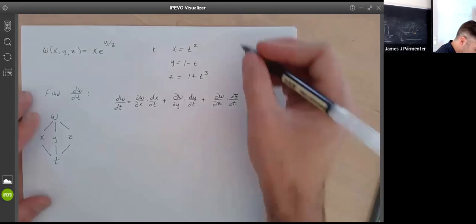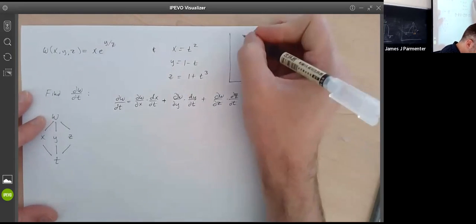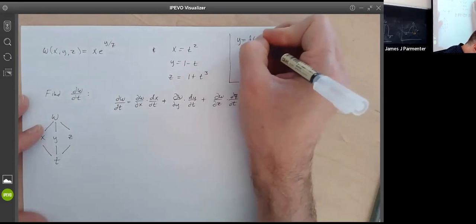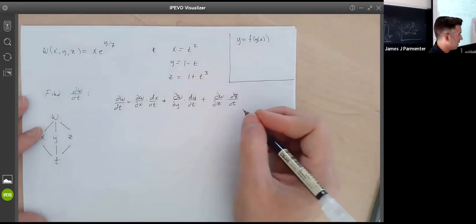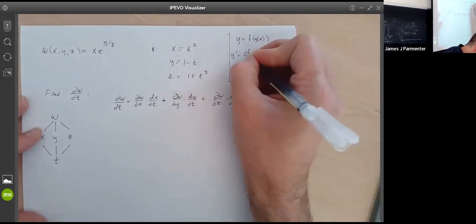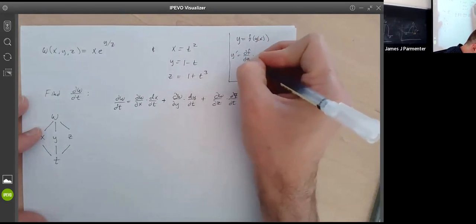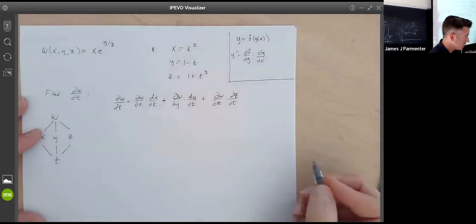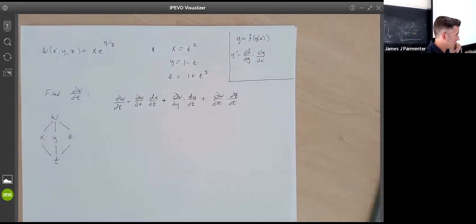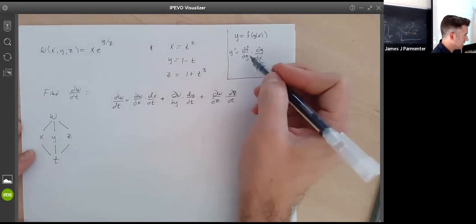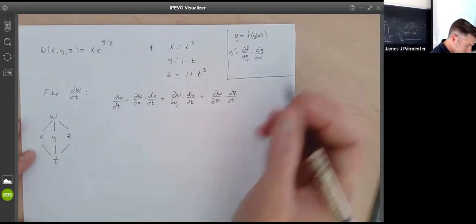If you know that you have y equal to f of g of x, and you're trying to find y prime, it's df dg times dg dx. Derivative of the outer function, leave the inside alone, multiply by the derivative of the inside function. And again, you could think of the dg's canceling and getting df dx.